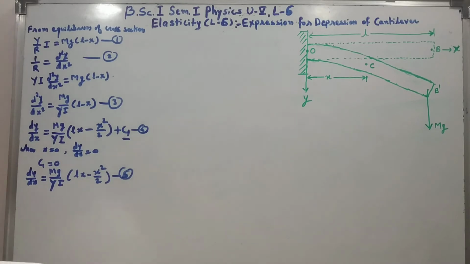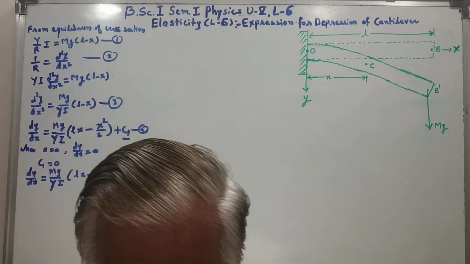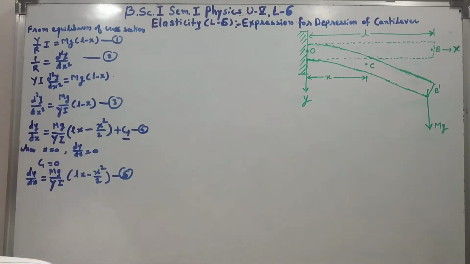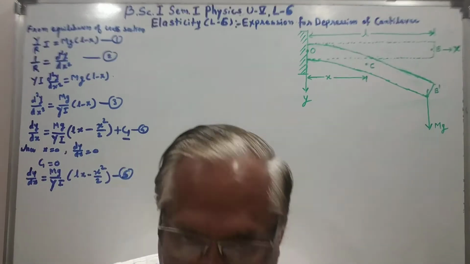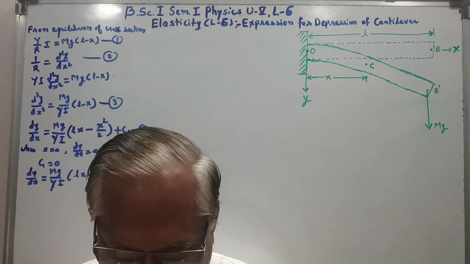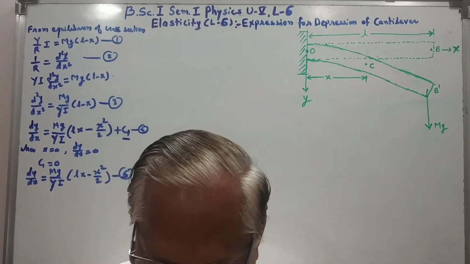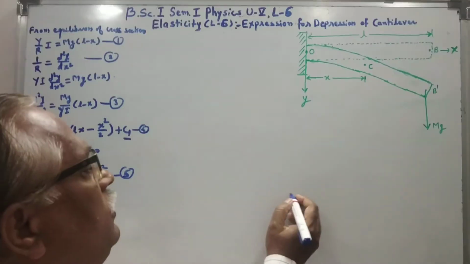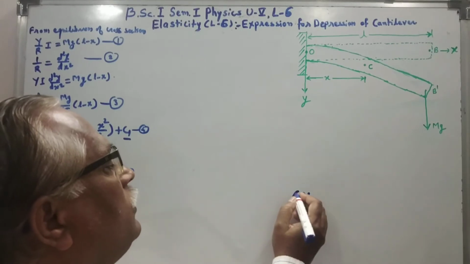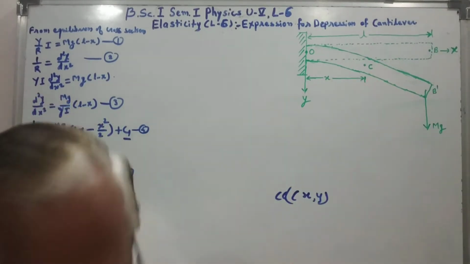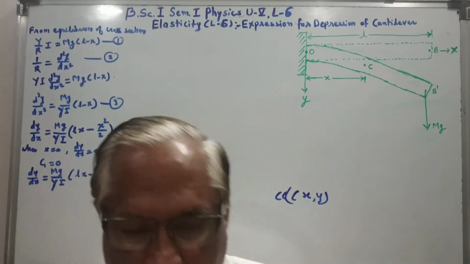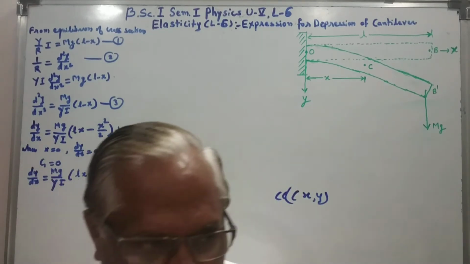Now this equation, dy by dx, equation number 5, gives the tangent of the angle which the tangent to the neutral axis at point C, whose coordinates are x, y, makes with the positive direction of the x-axis.